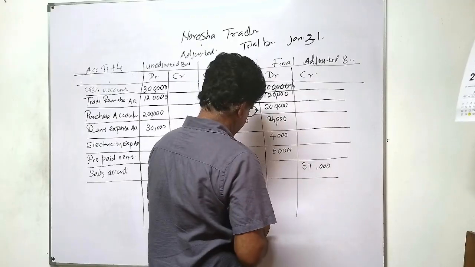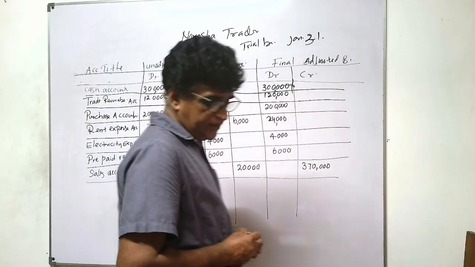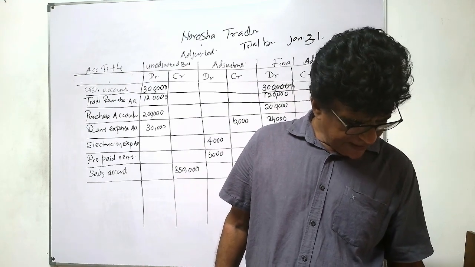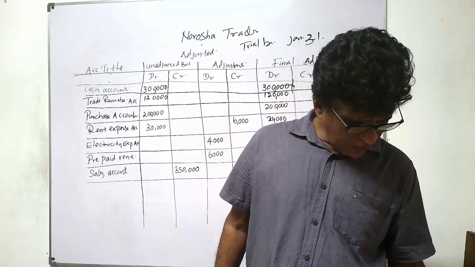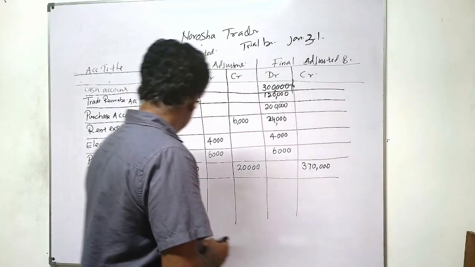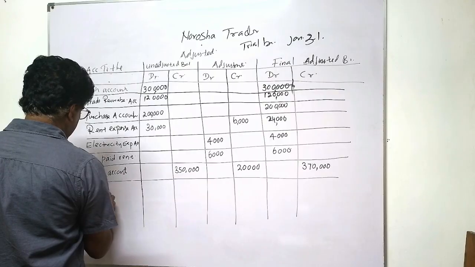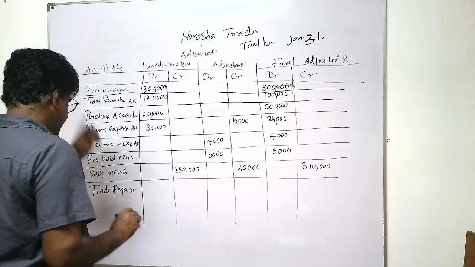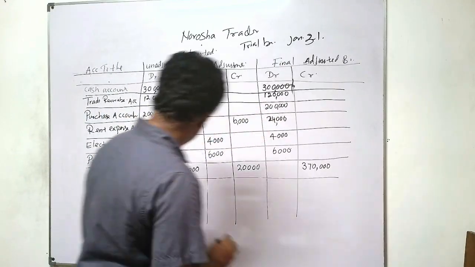Sorry, not 375,000, 370,000. And trade payables, no adjustment, that is 80,000.